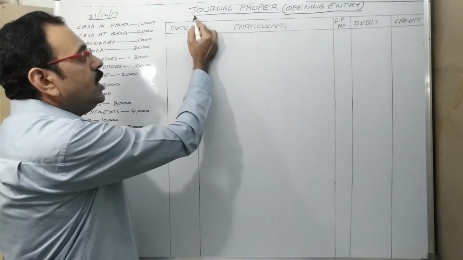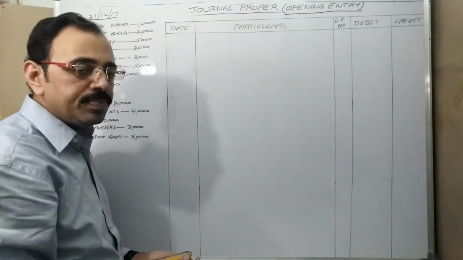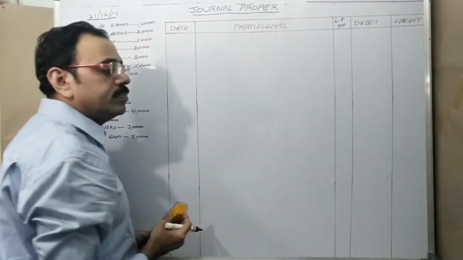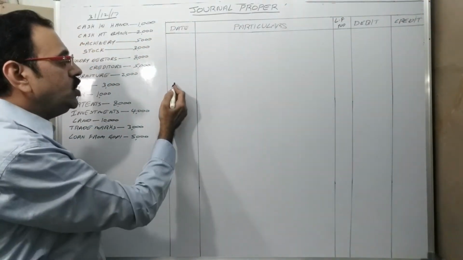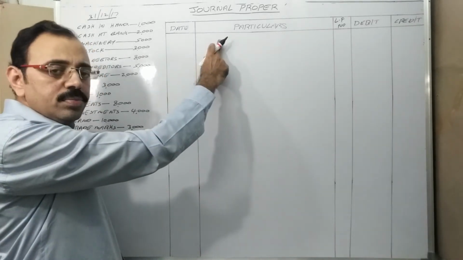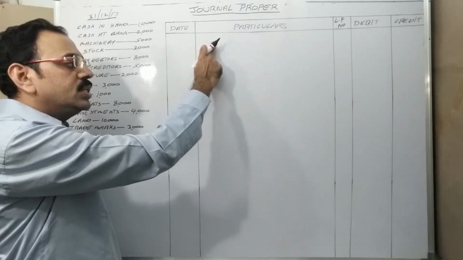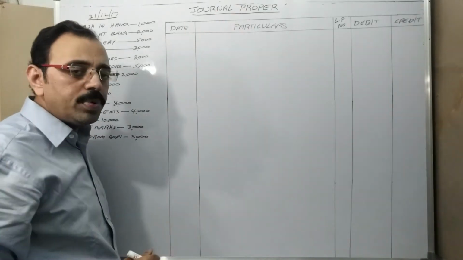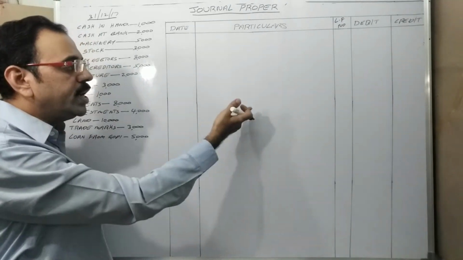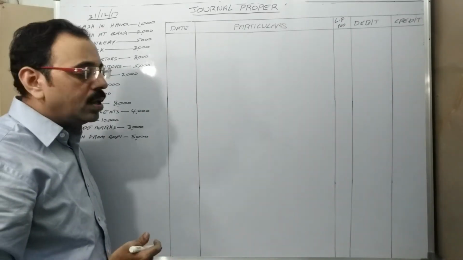Then the heading is journal proper. You need not write this. Once you observe the format, it looks like a journal, because in journal and in journal proper we are going to write journal entries. Therefore the format is just like a journal.